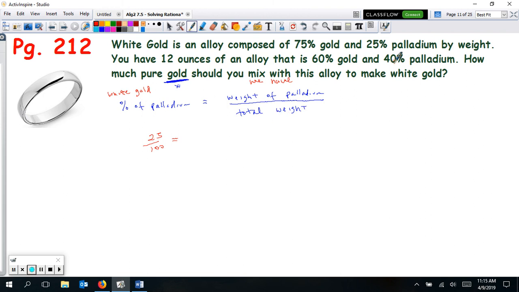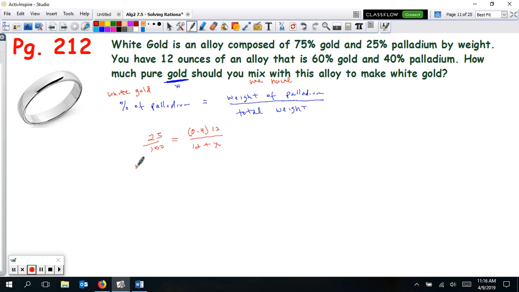So 40% is really 0.4, so it's going to be 0.4 times 12. That's the weight of the palladium in the mixture that we have. And then the total weight is 12 plus however much gold we're trying to put in to make this into white gold. So that's what we're trying to do.